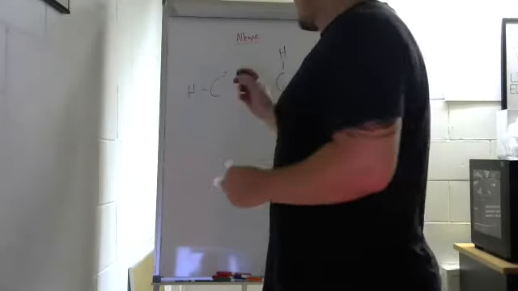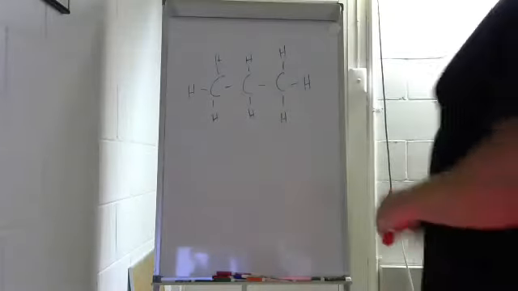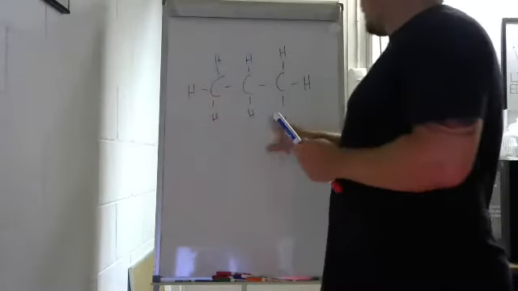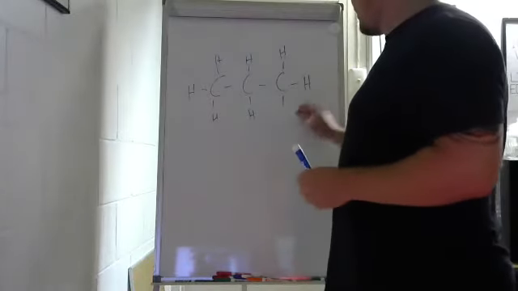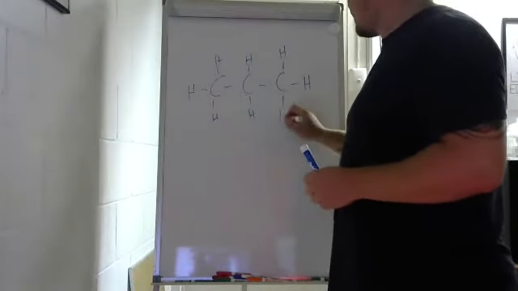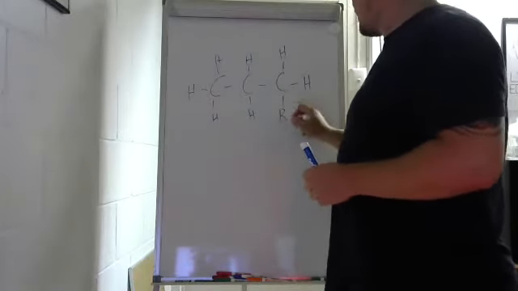So the next functional group is where we take away a hydrogen and we attach a bromine. Or we attach an iodine. We could attach a fluorine.